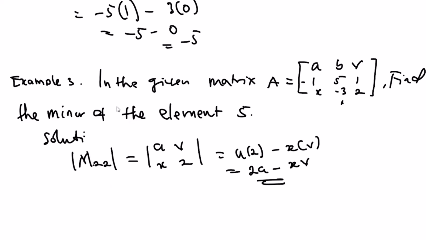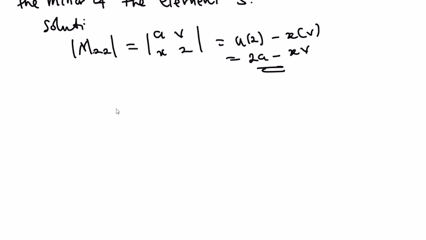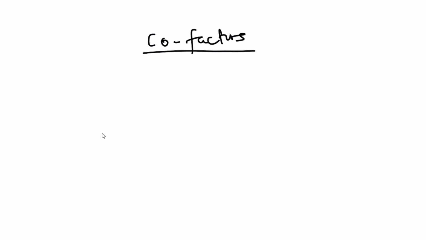Now let's move on to talk about the cofactors. If we have a matrix A in the form a_ij, like this, and this is a square matrix, we can form a determinant of its elements.